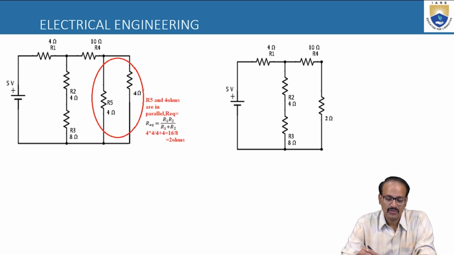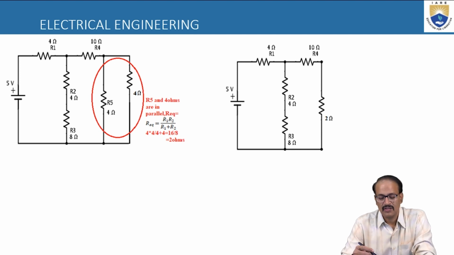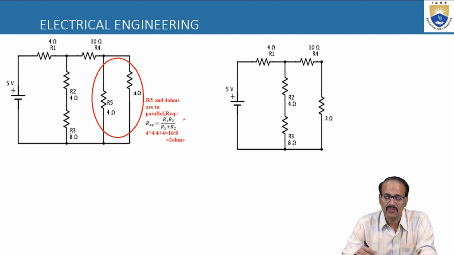Now this newly formed 4 ohm resistor is in parallel with R5, which is also 4 ohms. With the simple formula R1 R2 by R1 plus R2, we take this 4 ohm as R1 and this 4 ohm as R2.